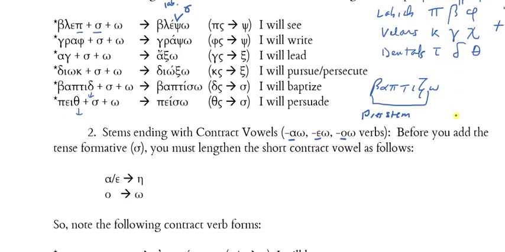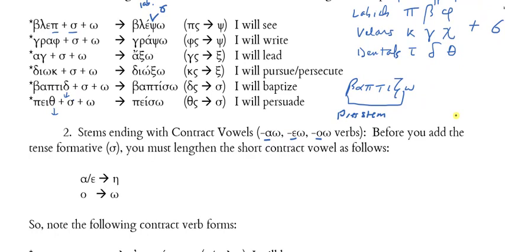Now, we also have contract vowels that could end the verbal stem in the future. And when I have a contract vowel, something a little bit different than what you might expect is going to happen. And this is going to be true not just for the future, but for any verbs that use a tense formative or a tense morpheme. Here we're using sigma. I'm going to add the sigma after the contract vowel.